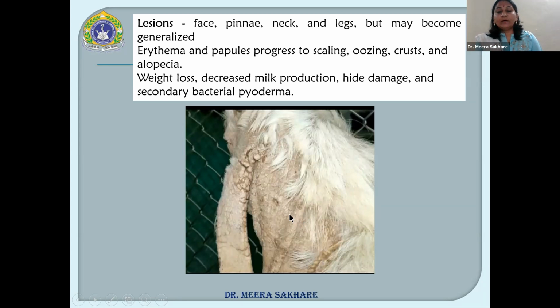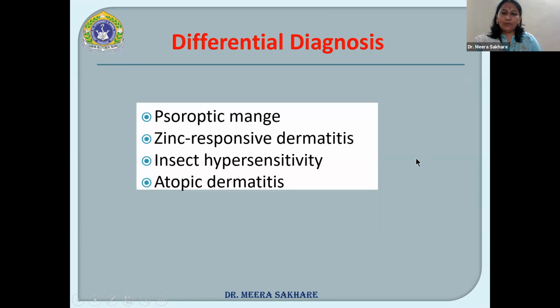There is an increase in the thickness of the skin of the animal due to secondary bacterial infection. And due to that, there is rapid loss of body weight. In milking animals, there is decreased milk production and damage to the skin or hide, and we can frequently find secondary bacterial infection or pyoderma.